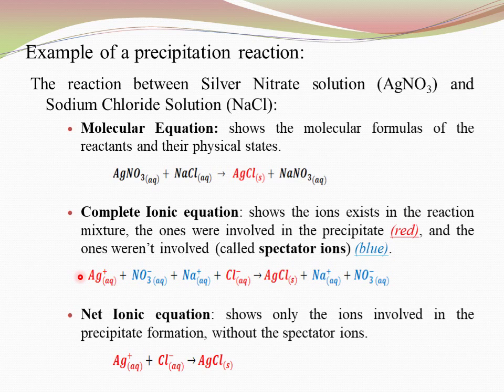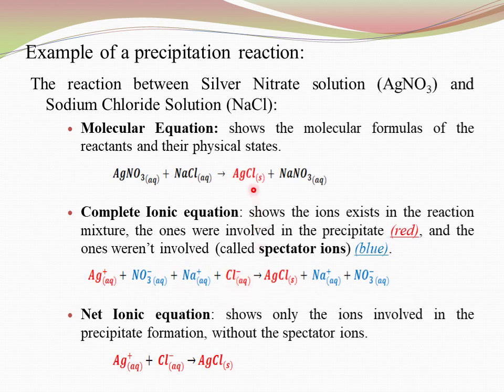So here, silver nitrate: you have the cation Ag+, aqueous, and the anion nitrate NO3-, aqueous. Plus sodium chloride: I have the sodium cation Na+, aqueous, and chloride Cl-, aqueous.